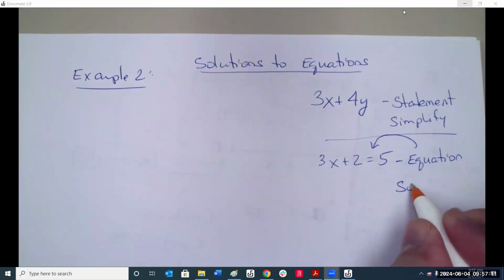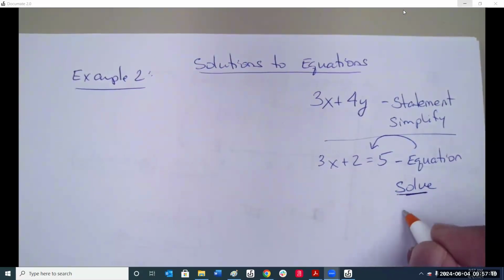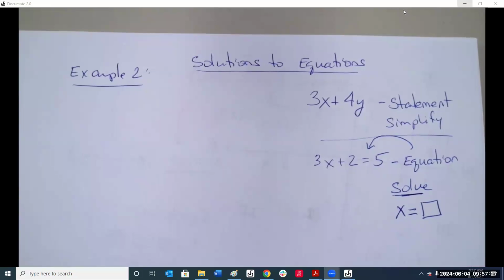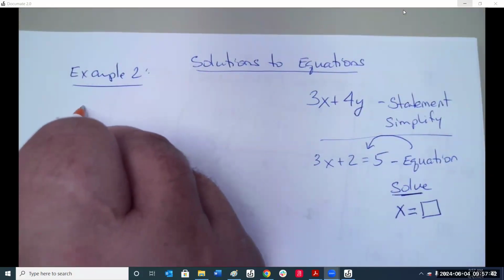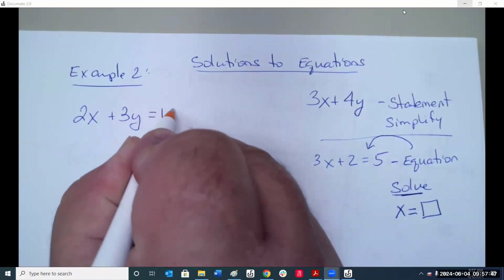And with equations, you solve them. When you solve them, you're not done until the letter, the variable, equals a number. That's what we mean when we say solve. So for the example, we had 2x + 3y = 18.